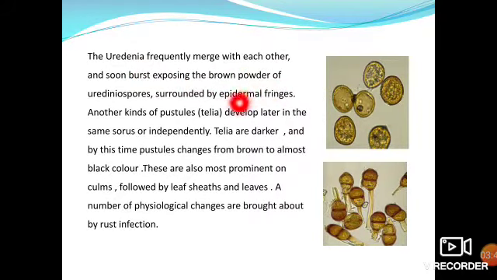Here the spores are very small and unicellular. The second type of spore, the teliospores, are two-celled and black in color.